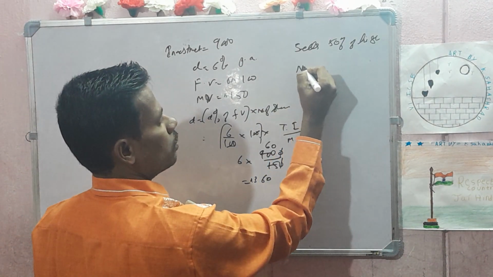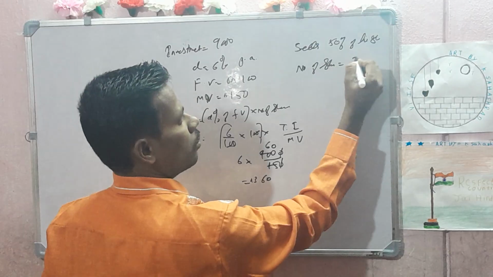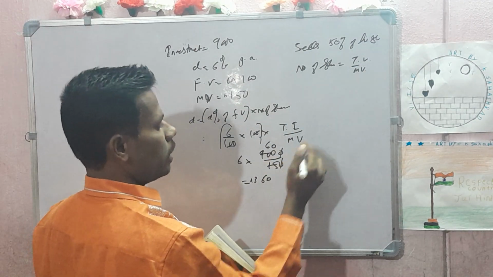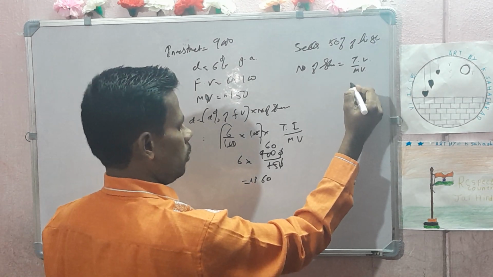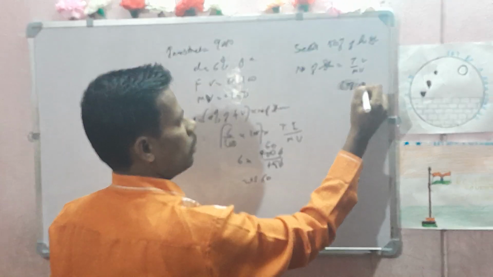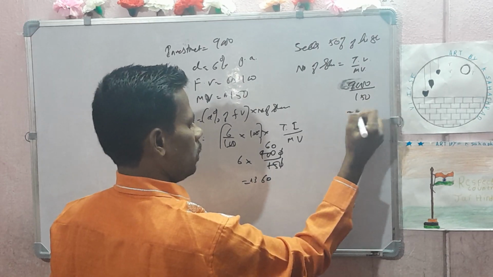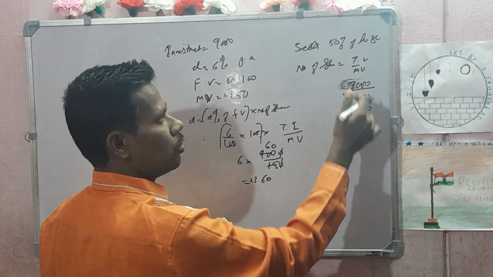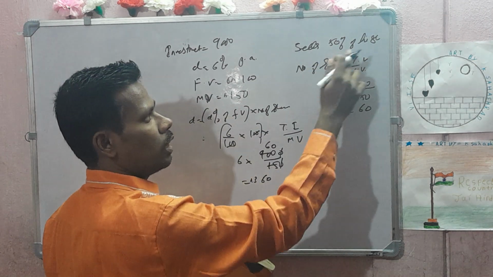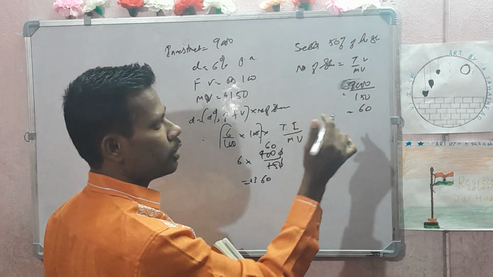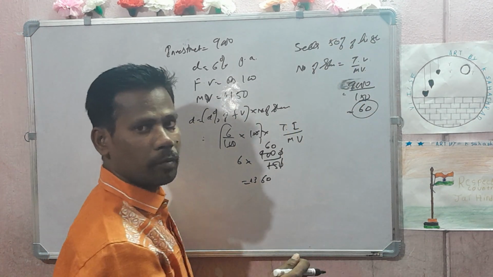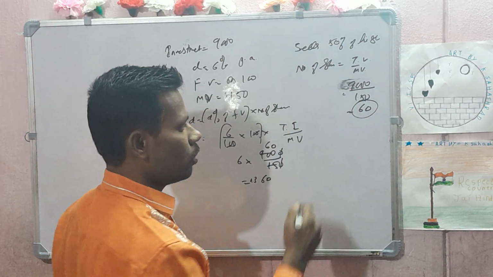Number of shares is total investment by market value, 9,000 by 150, which is 60. So he sells 50% of the shares. 50% means out of 100, 50% sold.